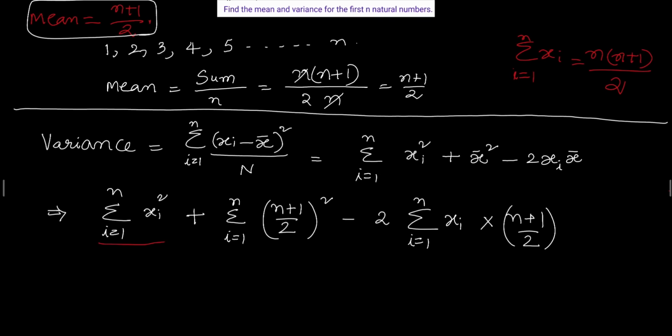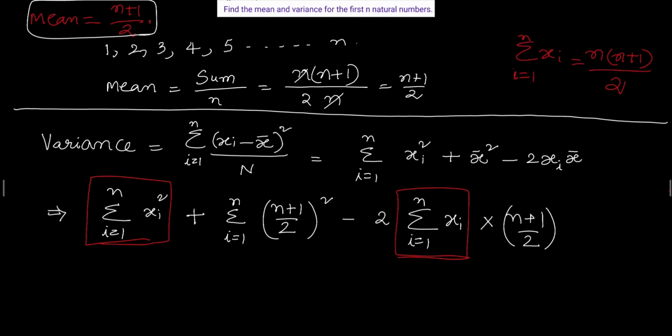Now let us look at this. This is sum of squares of first n natural numbers and this is sum of first n natural numbers. And we know the formula for sigma xi is n into n plus 1 by 2. Similarly, we have the formula for sigma xi square, that is n into n plus 1 into 2n plus 1 by 6.